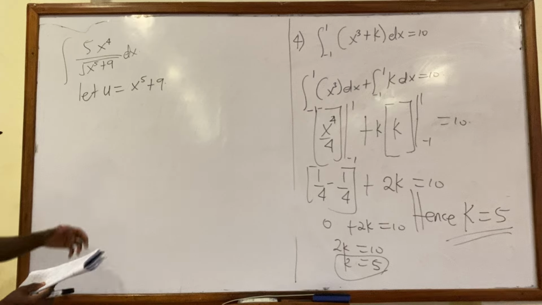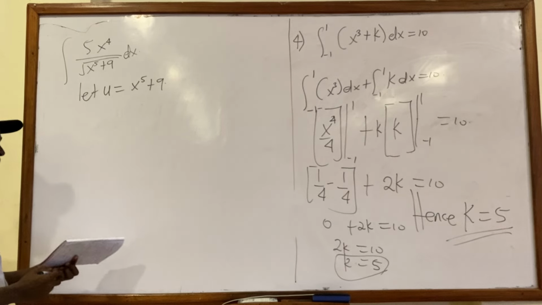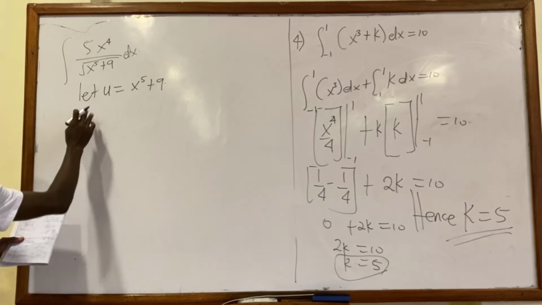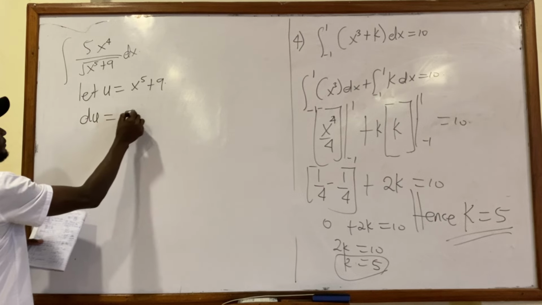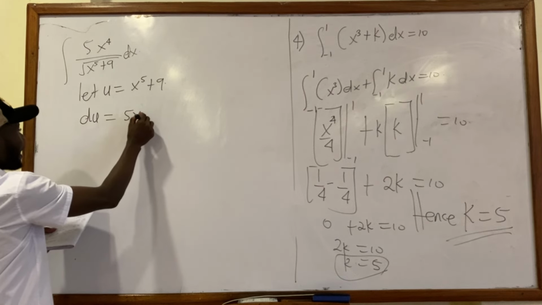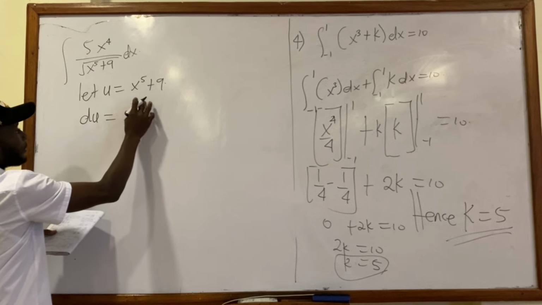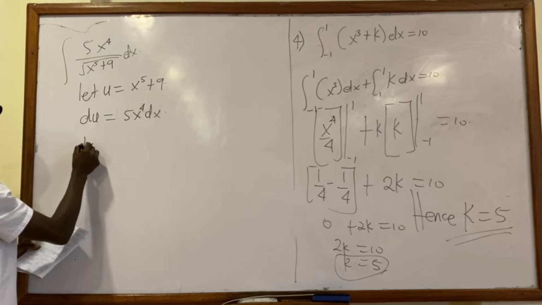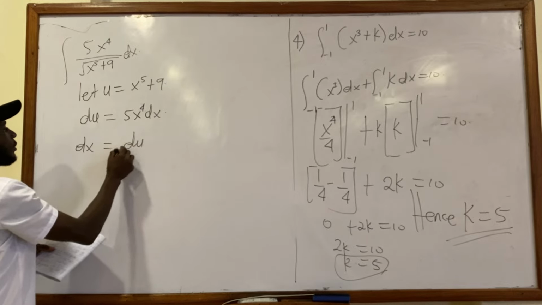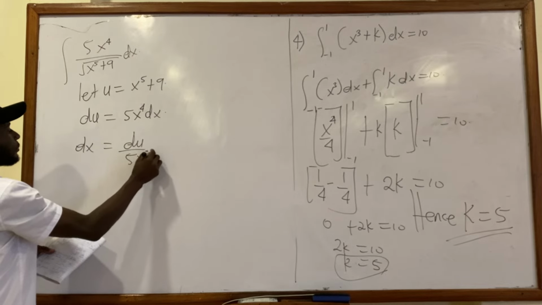All right, so now let's determine the derivative of u. So the derivative of u is 5x^4 dx. So dx is equal to du over 5x^4.